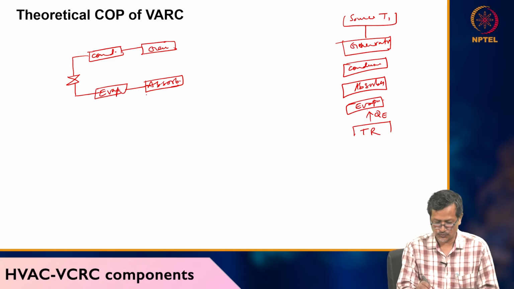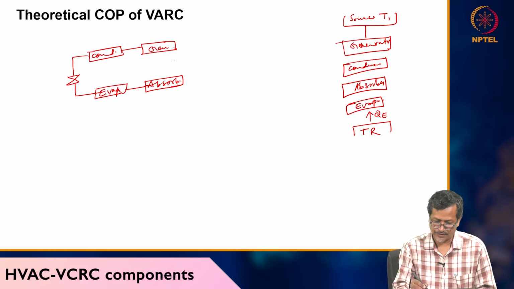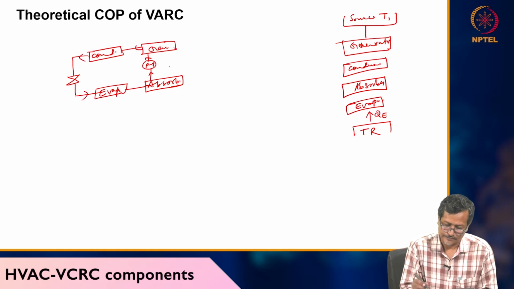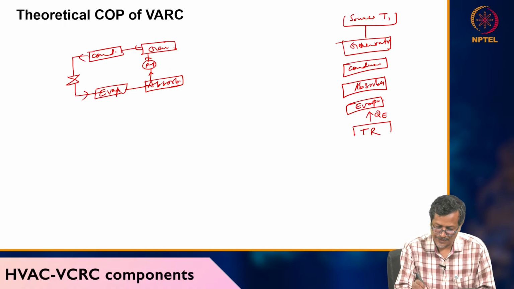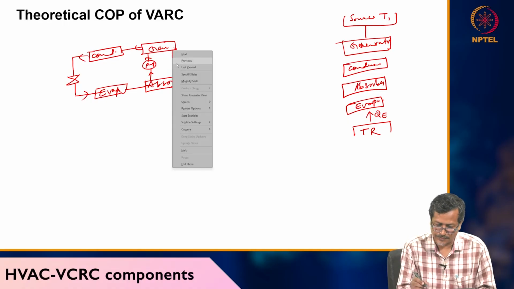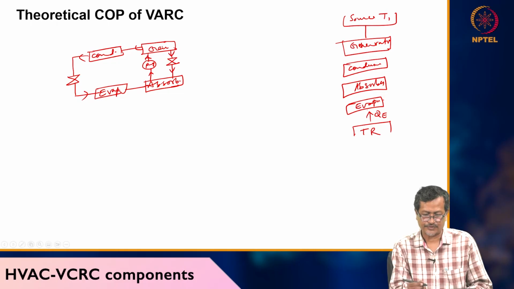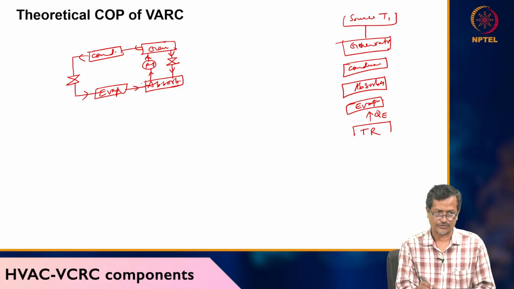Absorber to generator goes through a pump, and generator to absorber again. When it is coming back, it will come back through one throttle valve. Whenever you are drawing for your exam, you should give proper arrow directions also, so that you can get full marks.